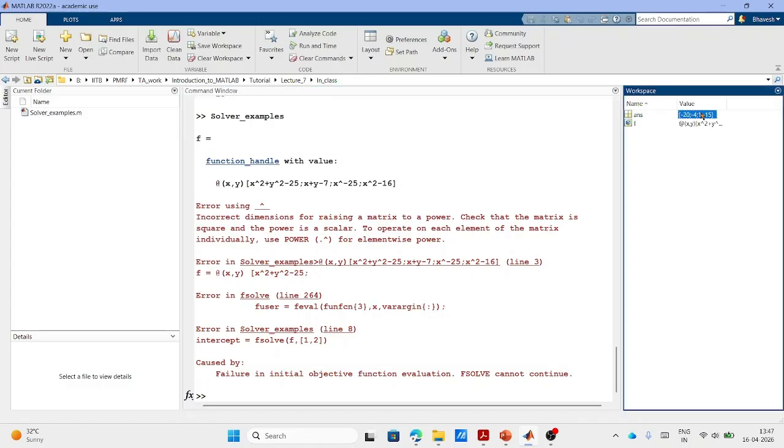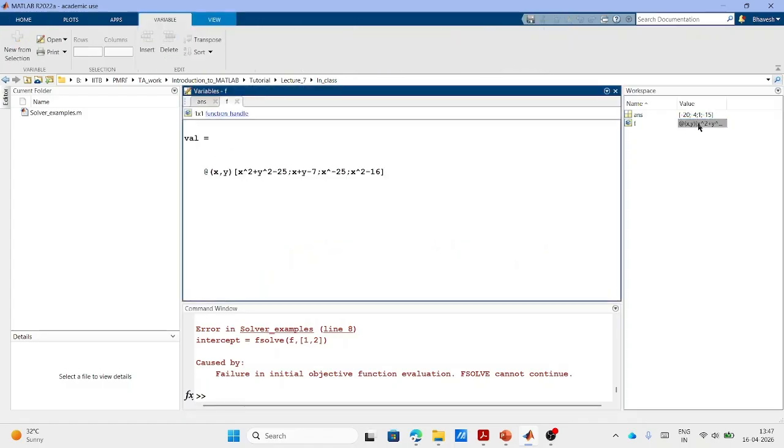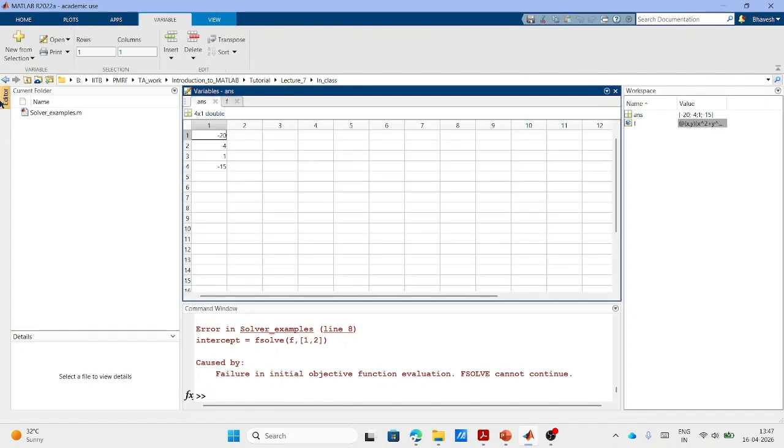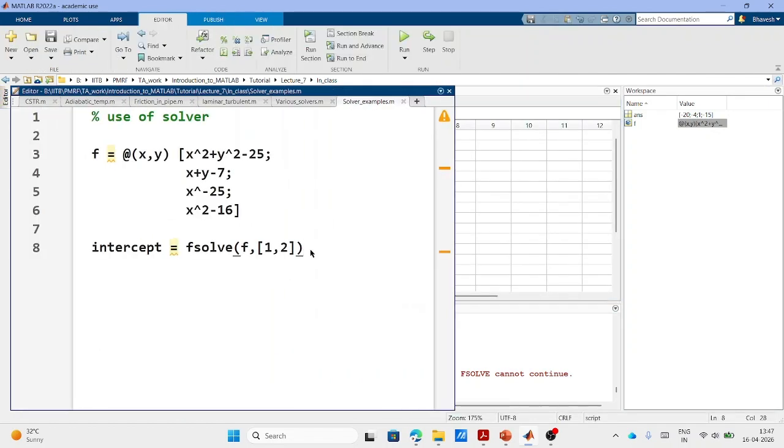So here the function is defined correctly, but the variables are not. So maybe the intercept is equal to this.